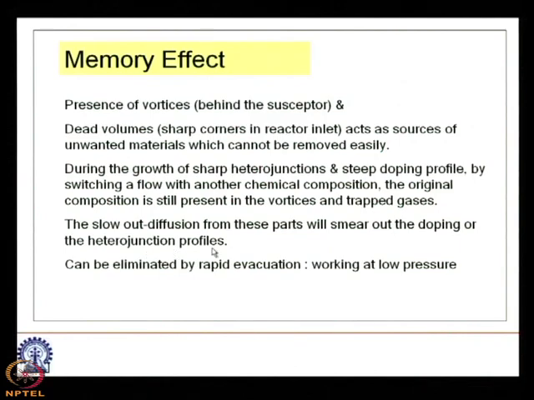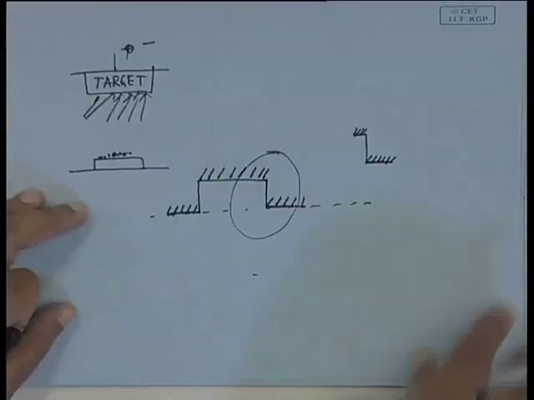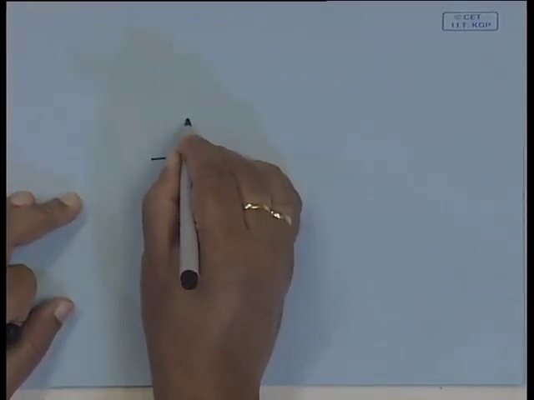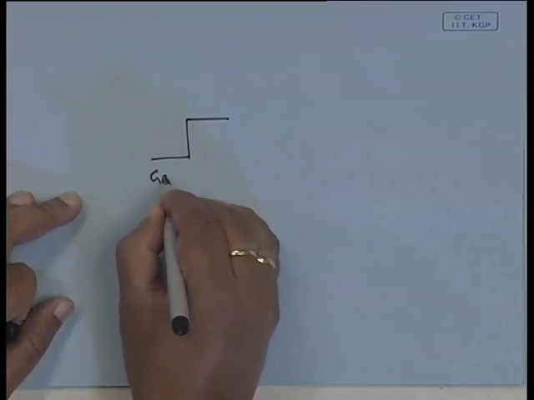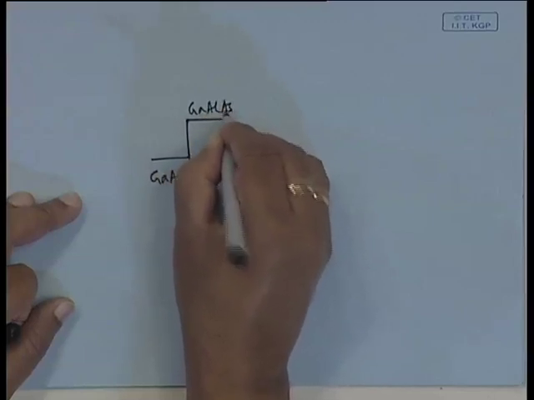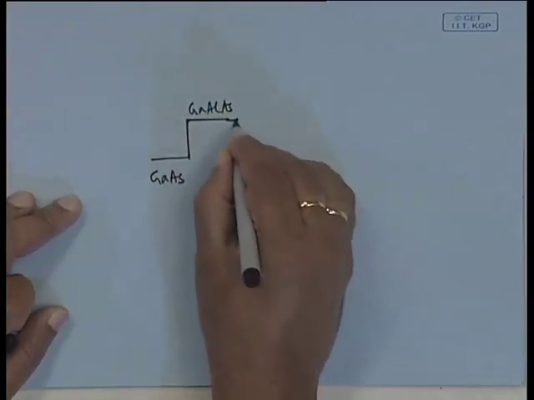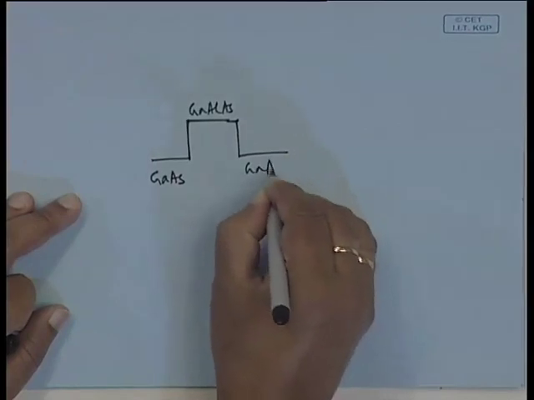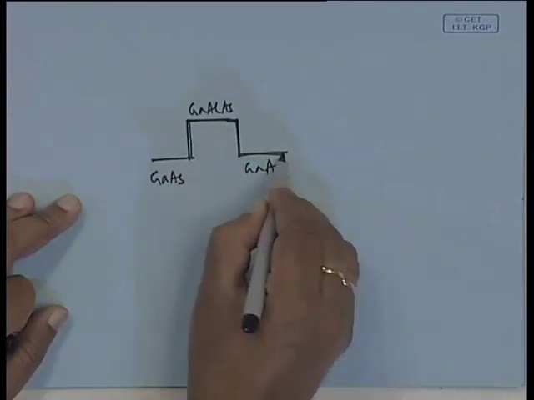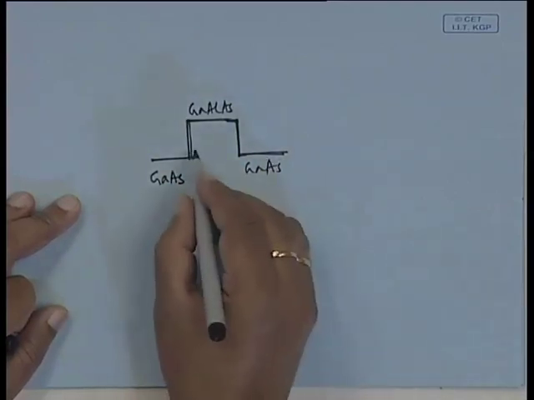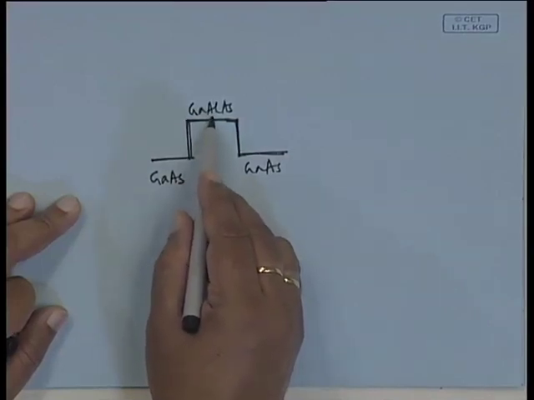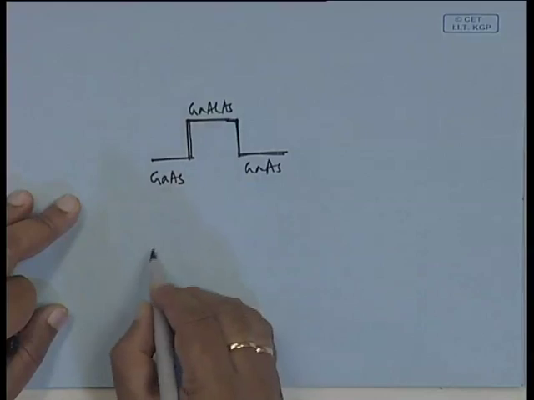That means now the profile can be like this. You want a sharp profile, say this is gallium arsenide, this is gallium aluminium arsenide, then again it is gallium arsenide and so on. This is the step profile. Now, if you switch off arsenic and make an input of aluminium, if it is instantaneous it is okay, otherwise what will happen?